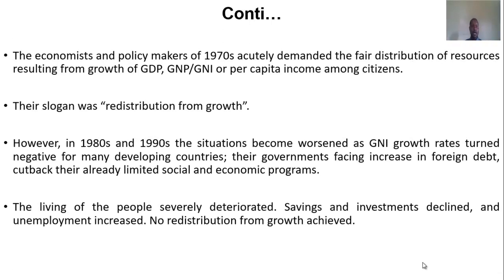The economists and the policymakers of the 1970s acutely demanded the fair distribution of resources resulting from the growth of GDP, GNP, GNI, or per capita income among citizens.